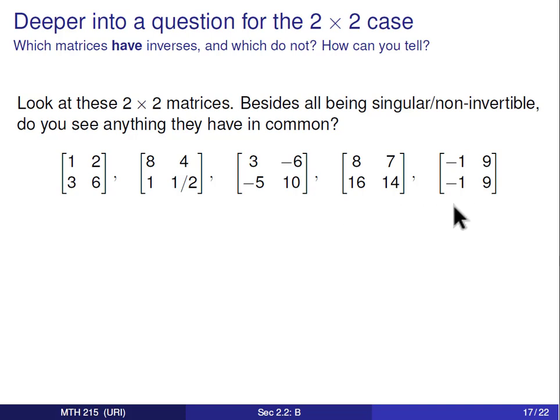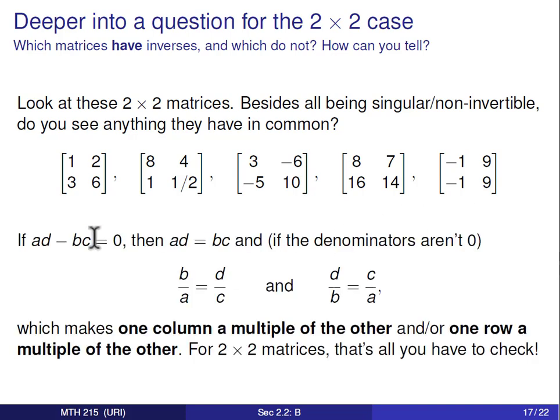This is true, and this is exactly what we would expect if AD minus BC is equal to 0, because you can move the BC to the other side, and then if the denominator is not 0, you can divide both sides by AC, for instance, or by AB, and what you'll end up with are these two equations. What we're saying here is that the numbers in the second column divided by the numbers in the first column have the same ratio.